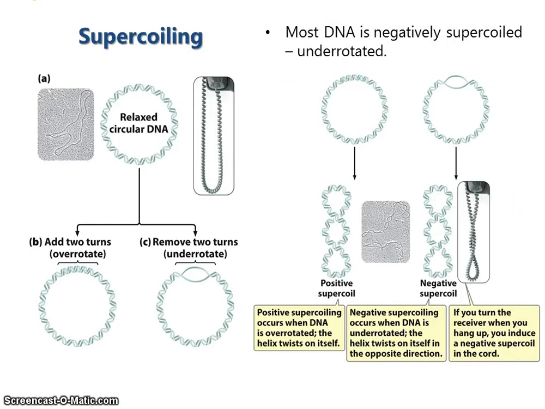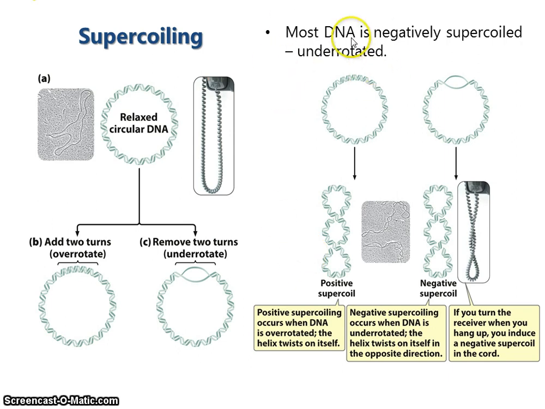So the way this happens is in large part through supercoiling. The way that you can think about it is if you imagine a coil, such as an old-fashioned phone cord, if it's over-rotated, it will supercoil in a certain direction, and if you under-rotate it, it will be supercoiled in a different direction. And so generally most DNA is negatively supercoiled.